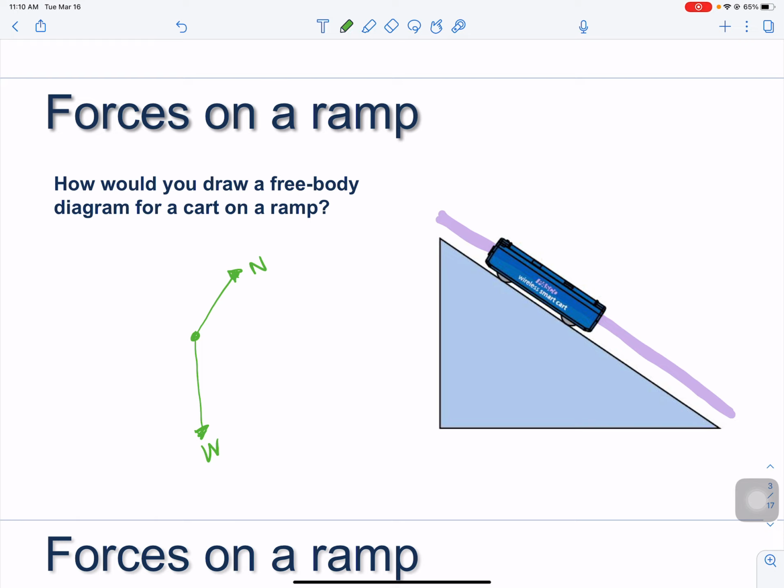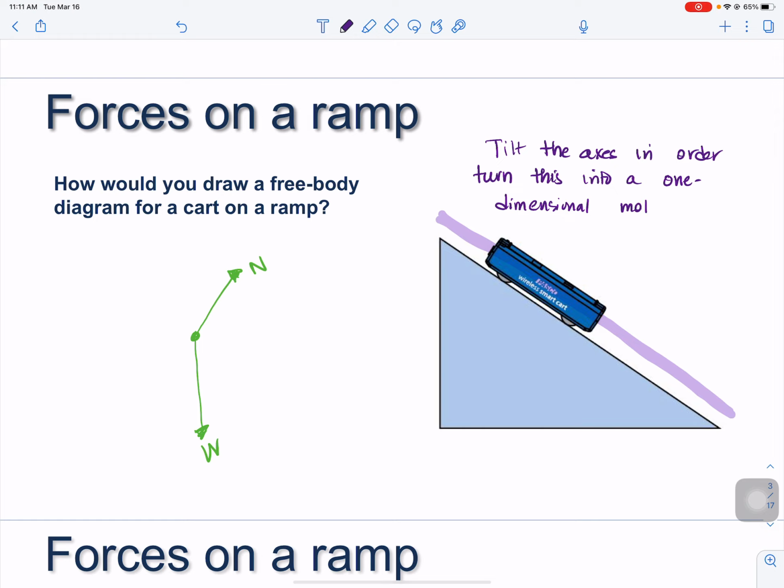And so in order to make this problem easier to solve, we tilt the axes in order to turn this into a one-dimensional motion problem. Remember, we did a lot of questions on this.